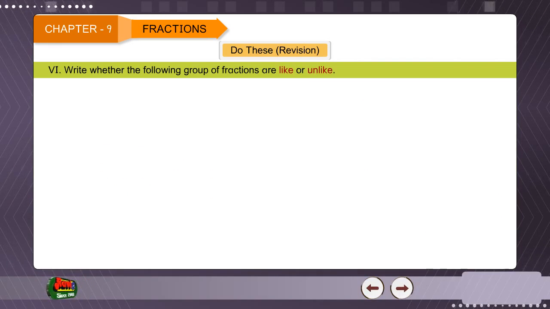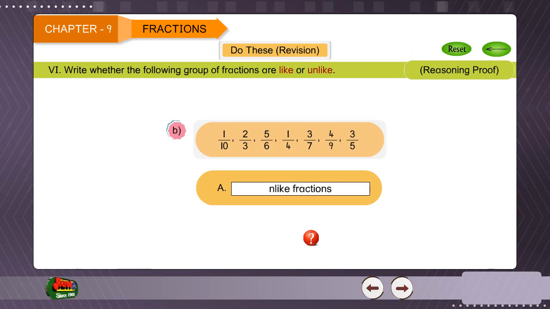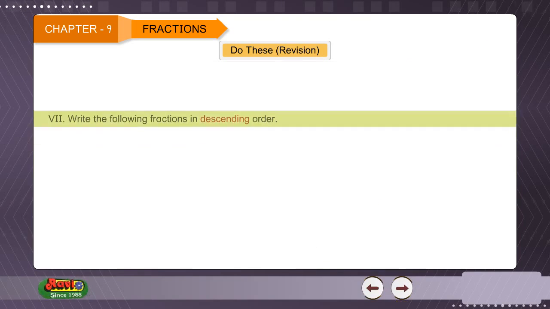6. Write whether the following groups of fractions are like or unlike. Reasoning proof. 7.